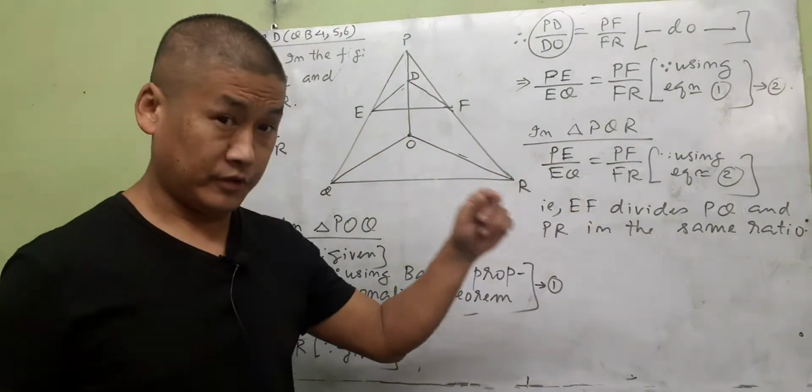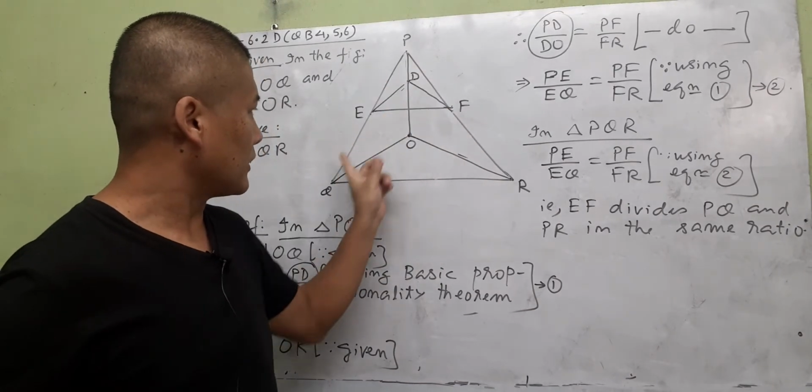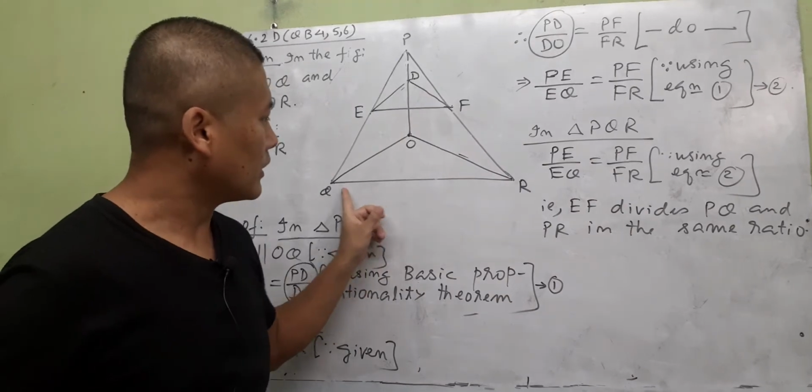So there is one theorem which says that if a line like EF divides two sides of a triangle in equal ratio like this, that line is parallel to the third side QR.